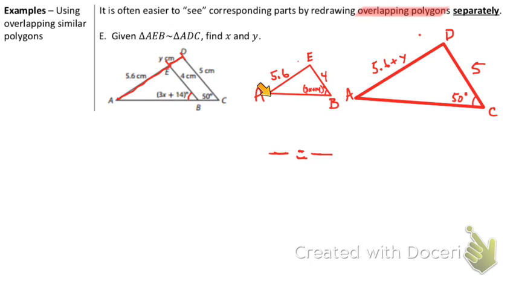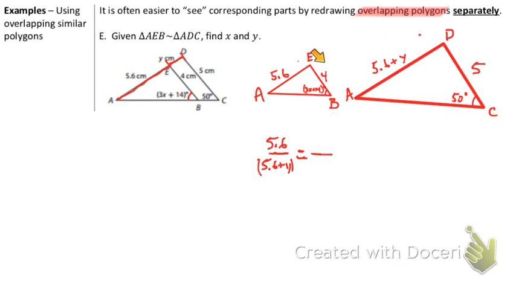So we're going to go this guy over its matching partner. AE matches with AD. And so that's going to be 5.6 over 5.6 plus y, and we'll put this in parentheses. So we match this guy with this guy.